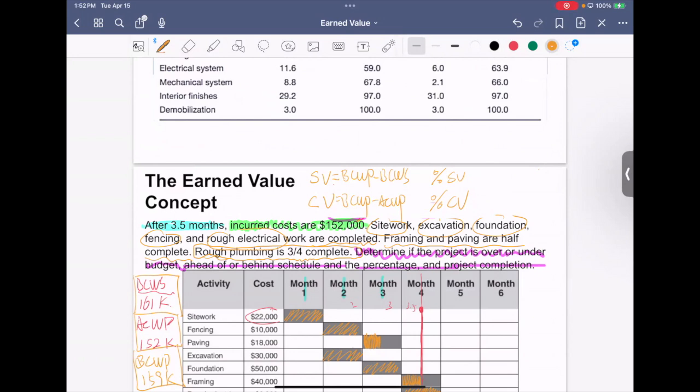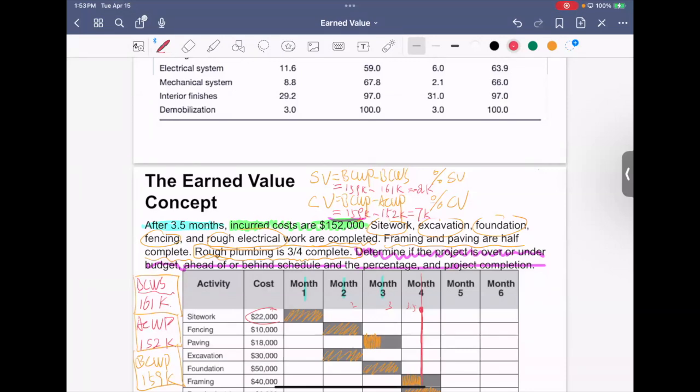So if that is correct, you have a good memory here, then you will define your BCWP is 159K minus 161K. And this is 159K minus 152K, right? And you will get here is equal to $2,000. And here is equal to $7,000, right?